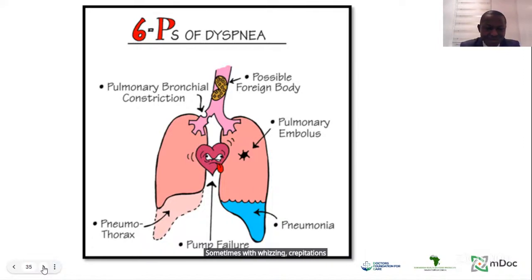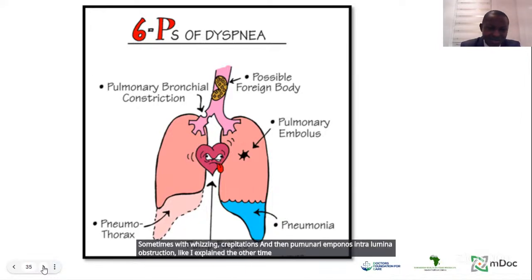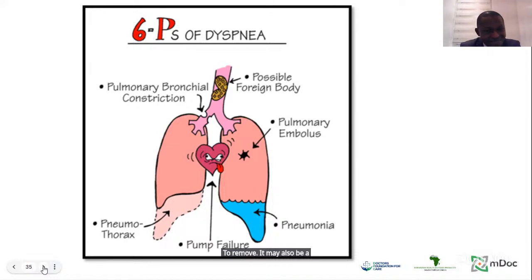And then pulmonary embolus, intraluminal obstruction, like I explained the other time, can cause airway obstruction and present with wheezing occasionally. And we can have a foreign body, in which case we may need to bring in the ENT to remove it. It may also be a cause of wheezing.